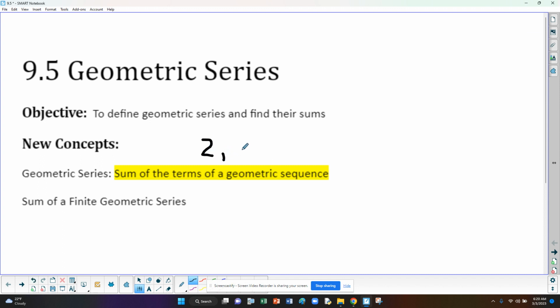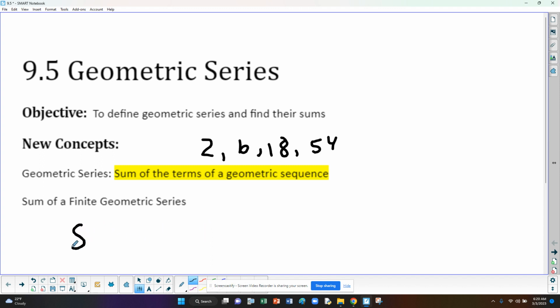So like if I had a 2, and then a 6, and then an 18, then a 54, that would represent a geometric sequence because it's multiplying by 3 to get to each new term. So to find the sum of the geometric series, we have a formula that goes along with that as well. There's a couple different variations of the formula, but here's one variation of it.